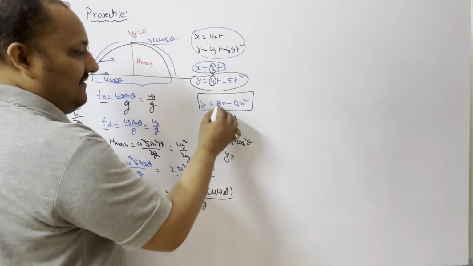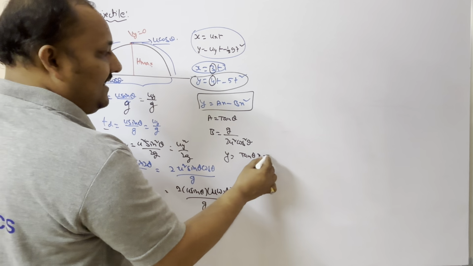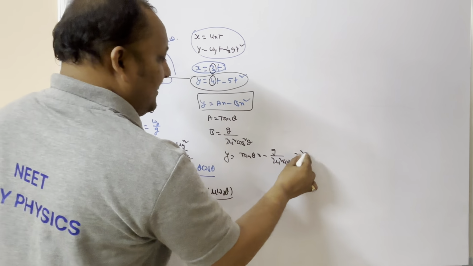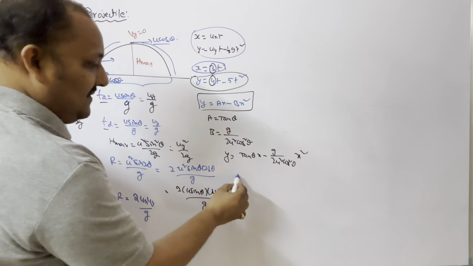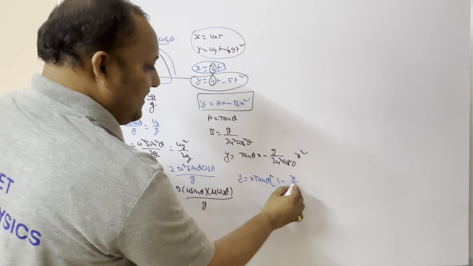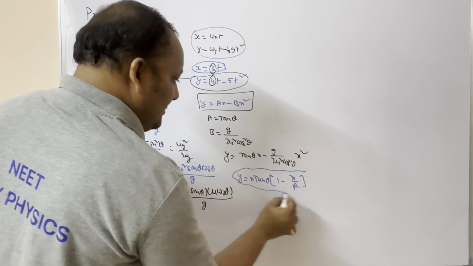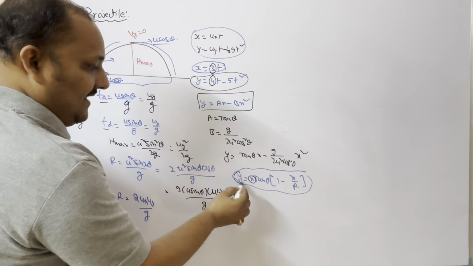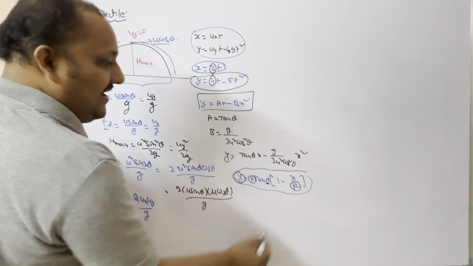So y is equal to tan theta x minus g by 2u square cos square theta x square. If you take x tan theta common, we get 1 minus x by R. This formula is also important. This relates horizontal distance, vertical distance, angle of projection and range.